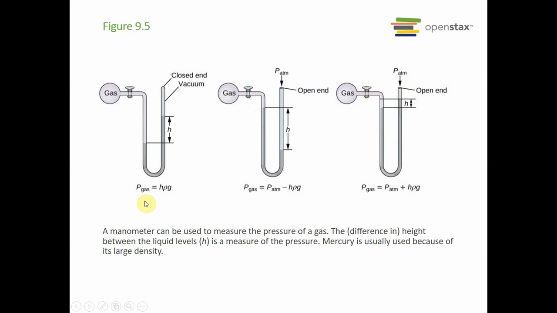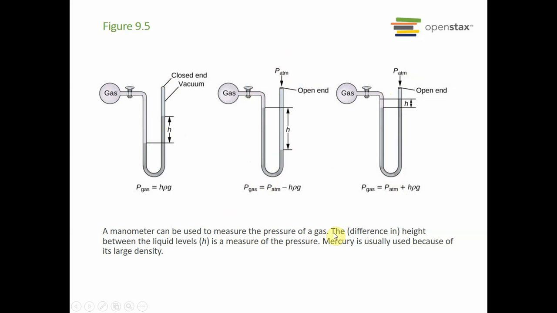This is the pressure of the gas, absolute, depending on the height of this liquid versus a vacuum. In this case, it's the difference between the outside pressure and the pressure in the tube pulling on this gas right here. In this case, this pressure is higher than atmospheric pressure is pushing on it.